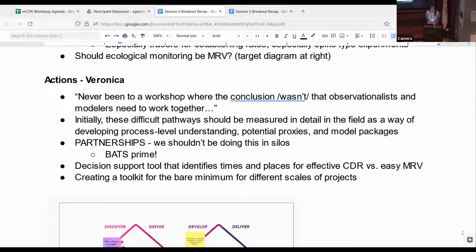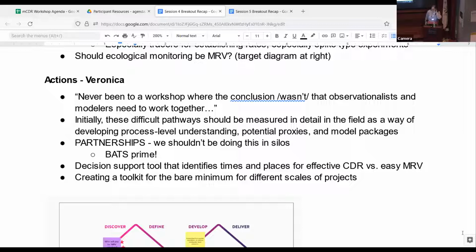Another key action is forming partnerships wherever possible. In order to measure this huge range of potential impacts, we need a lot of working together, and also piggybacking on existing time series observation sites that include a lot of these biological and ecosystem impacts.